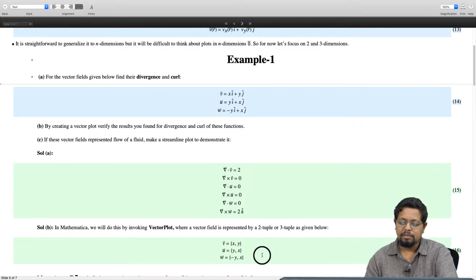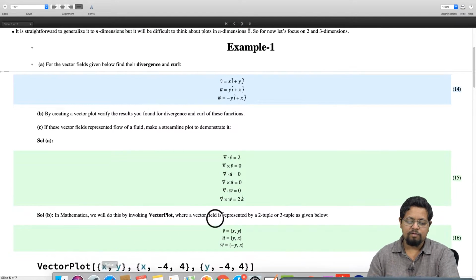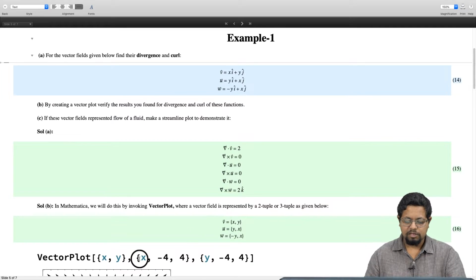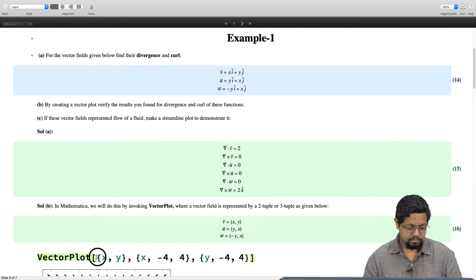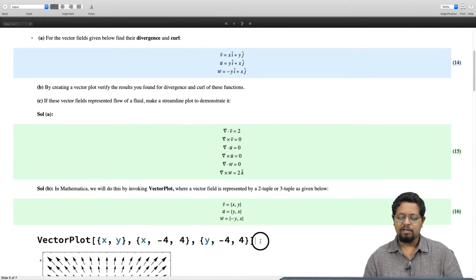So that's how we'll represent them in Mathematica, and we'll make a vector plot by invoking the VectorPlot function. Let me demonstrate that to you. There's my vector field {x, y}. The first argument is the vector field itself, which is the 2-tuple x comma y. The second argument is the range of x, and the third argument is the range of y.